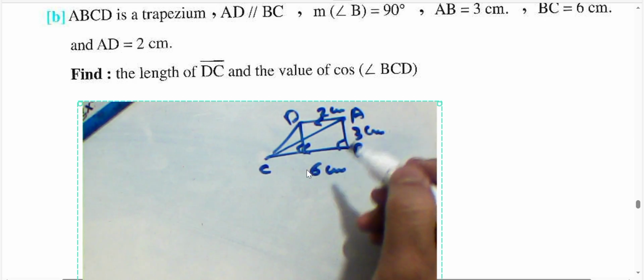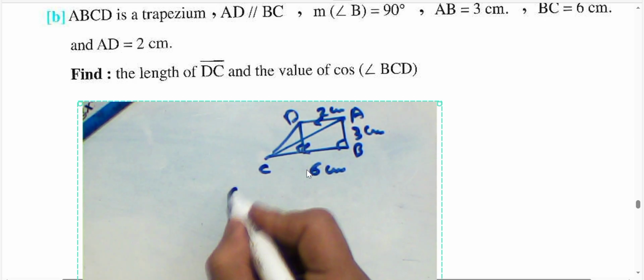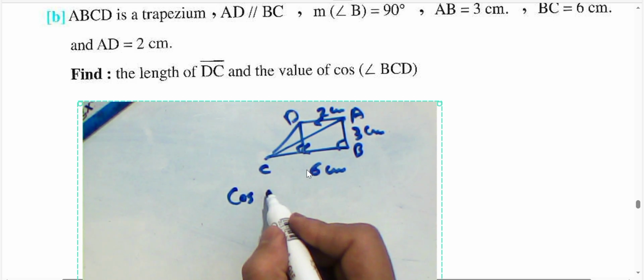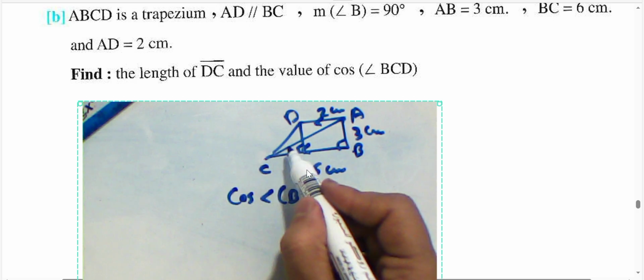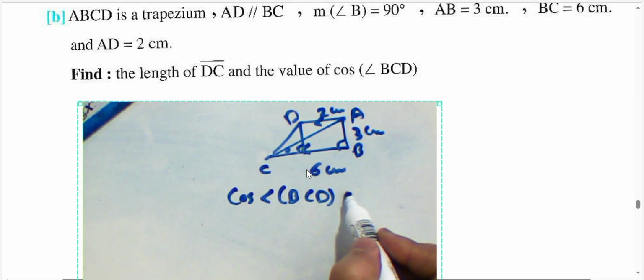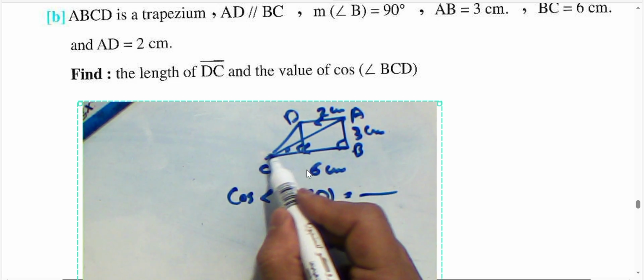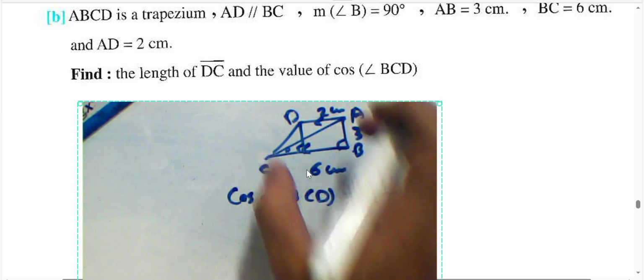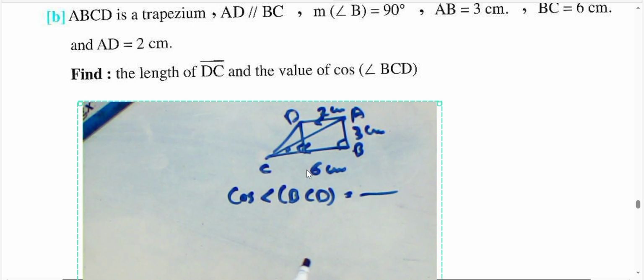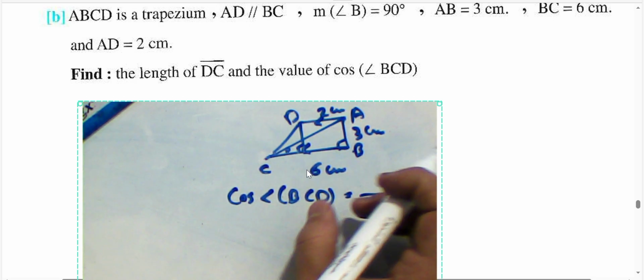He wants to find the cosine of angle BCD, this angle. The cosine is adjacent over hypotenuse. We want to find the hypotenuse of this triangle, the length DC. Where is DC?